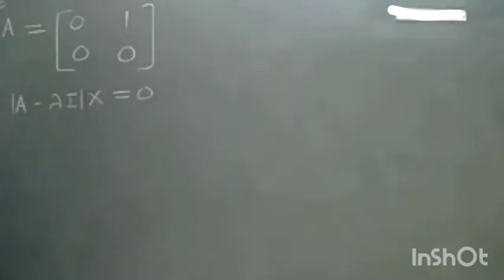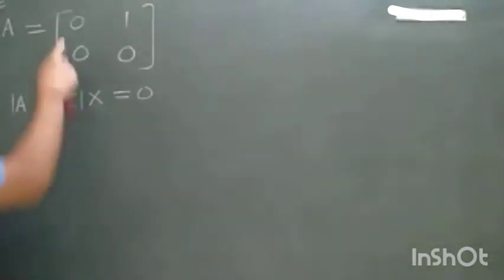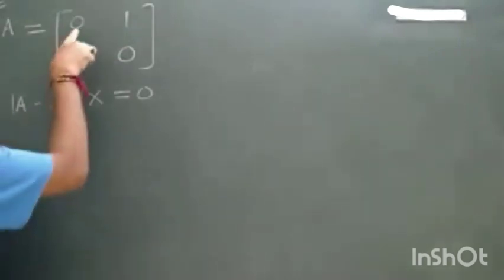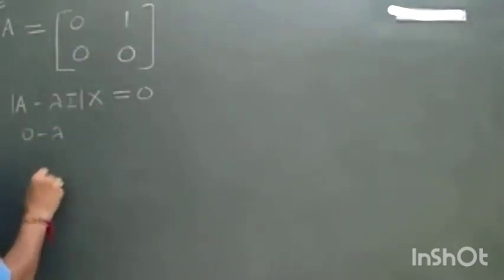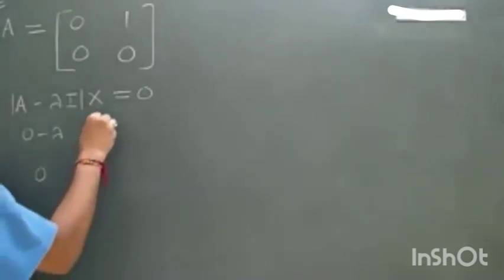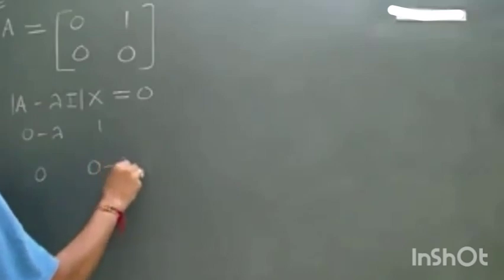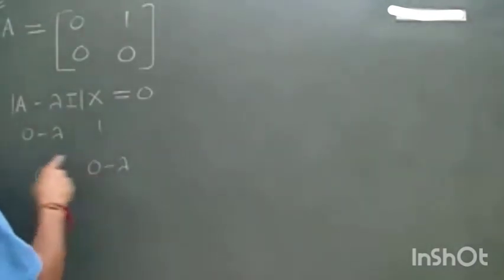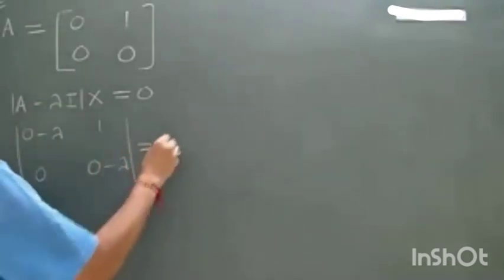This is the equation. So we'll form the characteristic equation by putting this determinant equal to 0. So what will it come to? Tell me: 0 minus lambda, 0, 1 and 0 minus lambda. Putting this equal to 0, what do you get here?